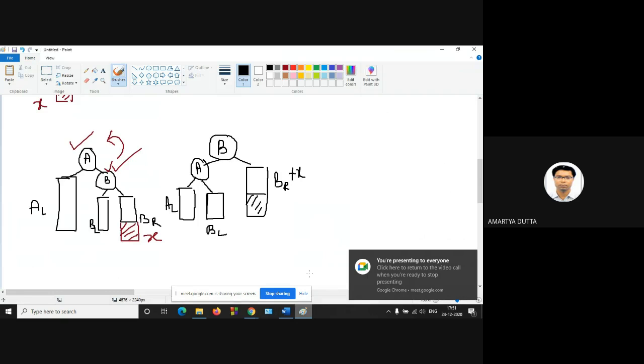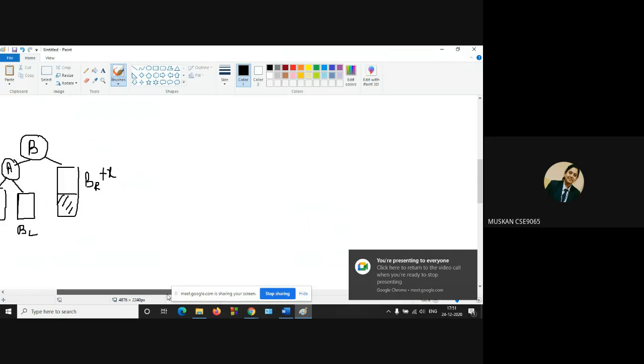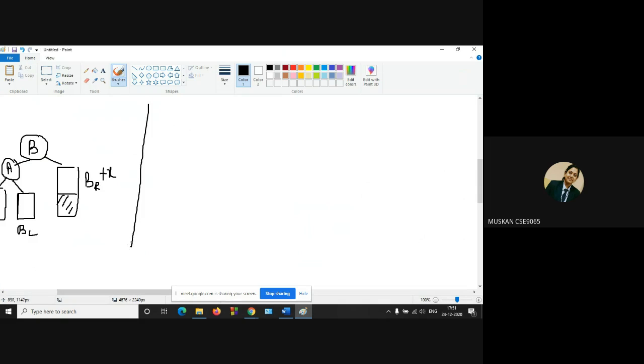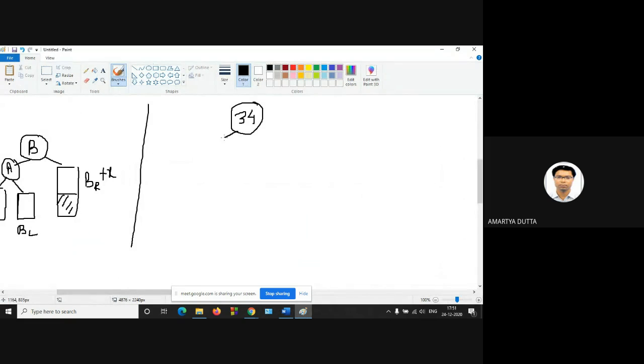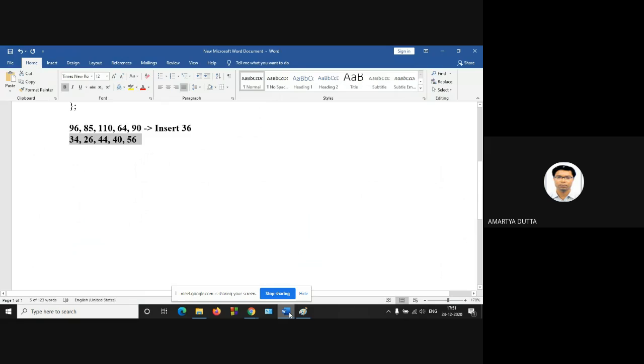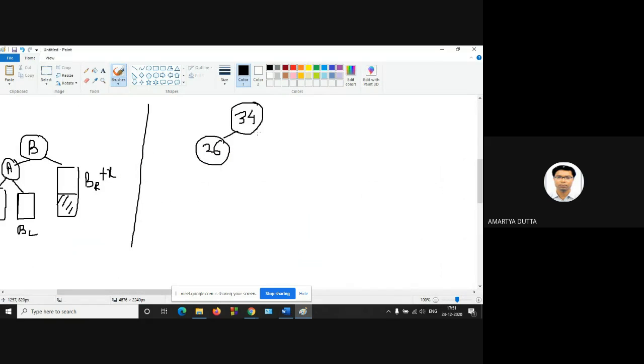34 is the root. Next, 26 is the left child, and 44 is the right child.